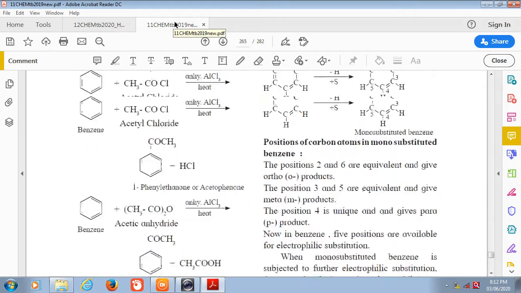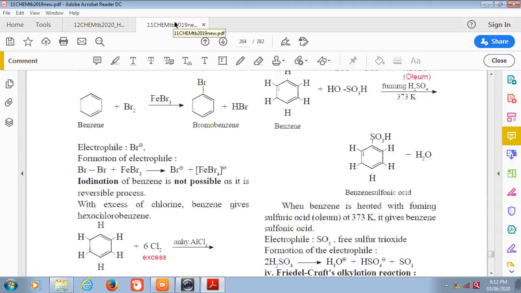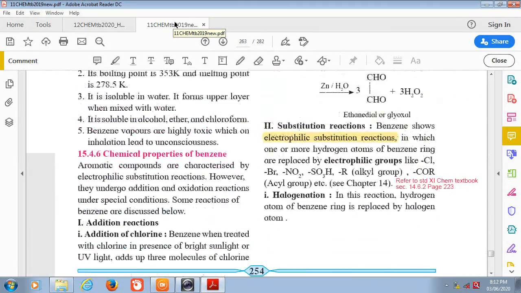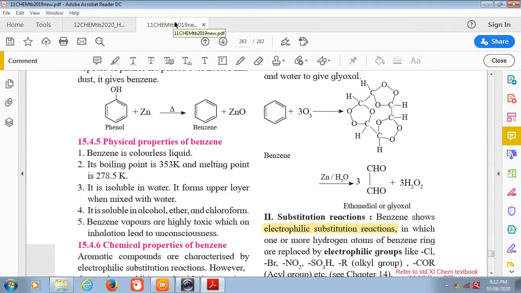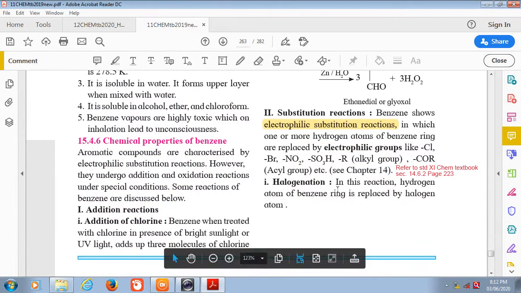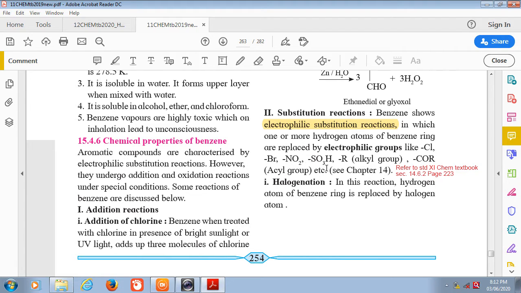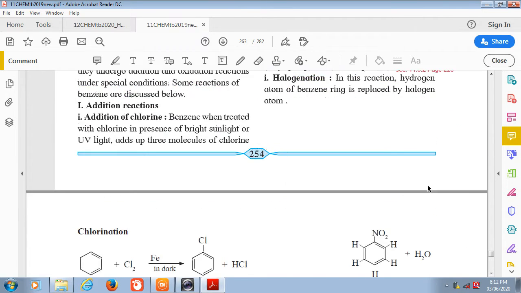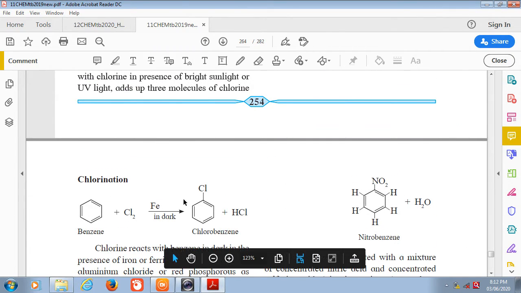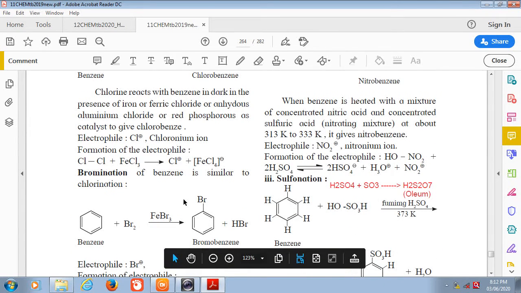So let us see the reactions of benzene. If you observe the substitution reactions of benzene, these are some electrophilic groups: Cl, Br, NO2, SO3H, alkyl group, COR, acyl group, and we can write the reactions. So chlorination, bromination.